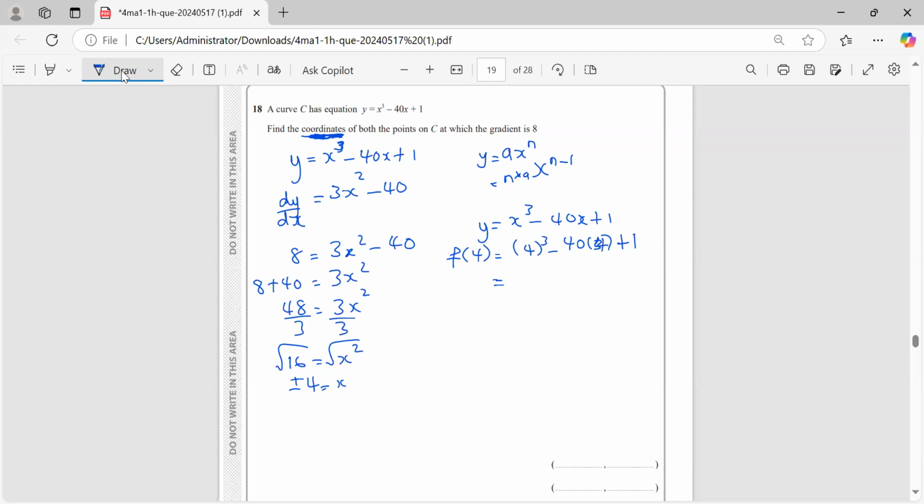If you substitute 4, you're going to get y equal to negative 95.